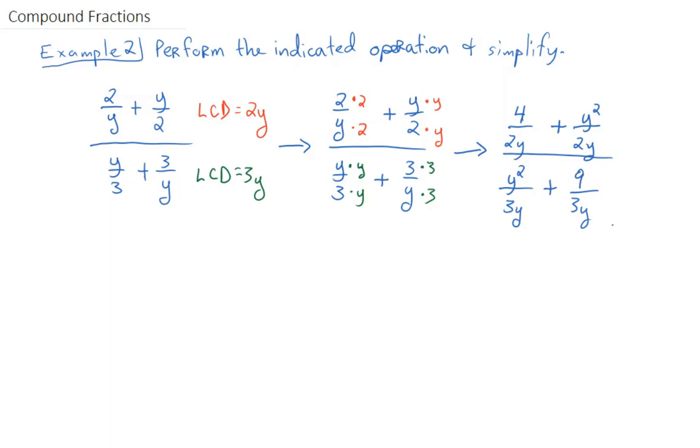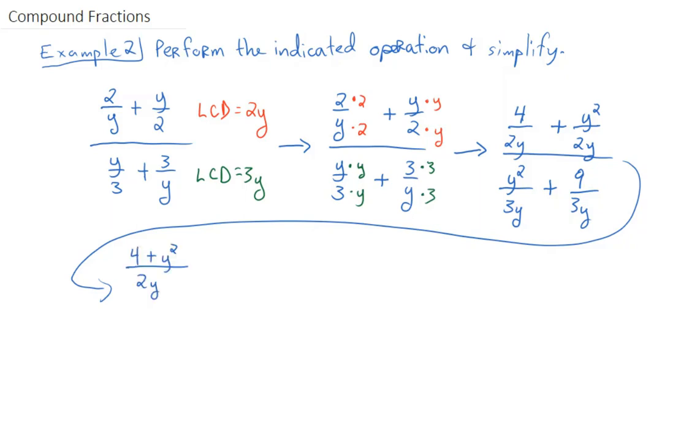So now the fractions in the numerator have the same denominator, and separately the fractions in the denominator have the same denominator. Now that their denominators are the same, we can go ahead and do the math across the numerators and write them over one common denominator. I'm going to write my result, kind of swinging back around to the left.